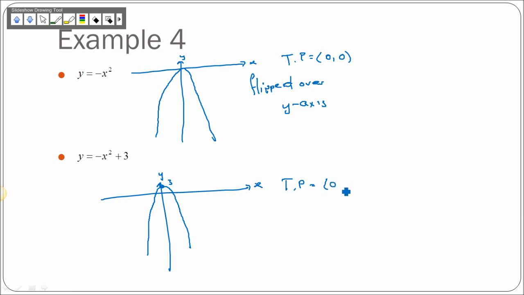It's 0, 3, but what's happened? Well, it's moved up 3 units, but also it's flipped over, oh, not the y-axis, the x-axis, sorry.